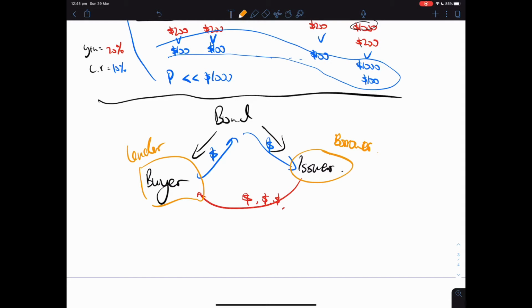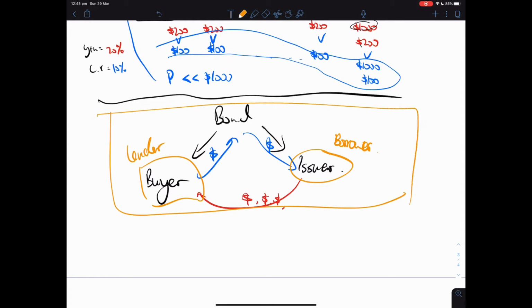That's something I'm supposed to talk about at the start. But here, this is a very important concept, right? In a bond scenario, the buyer is the one that buys the bond, and that money would then flow to the issuer, because really a bond is just a piece of paper, right? And in return, the issuer will make payments on a regular basis back to the buyer. So in this case, the buyer is actually the lender, the one who is willing to lend the money out, whereas the borrower is the issuer. All right?